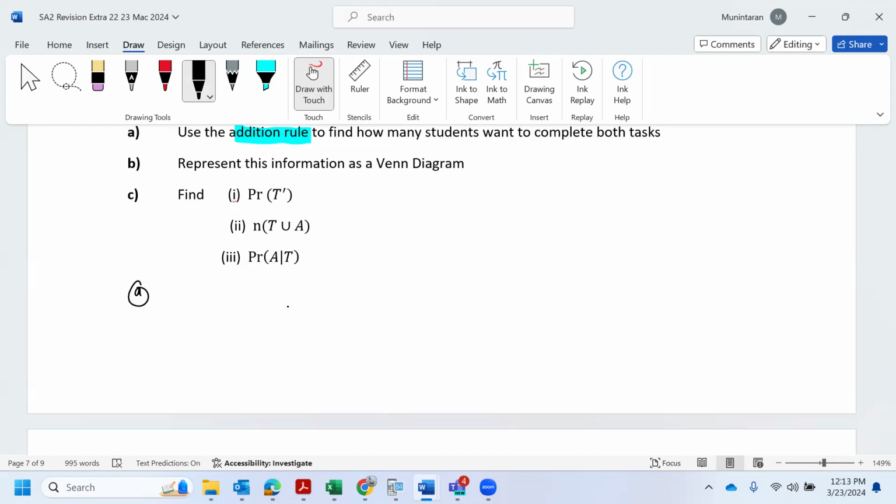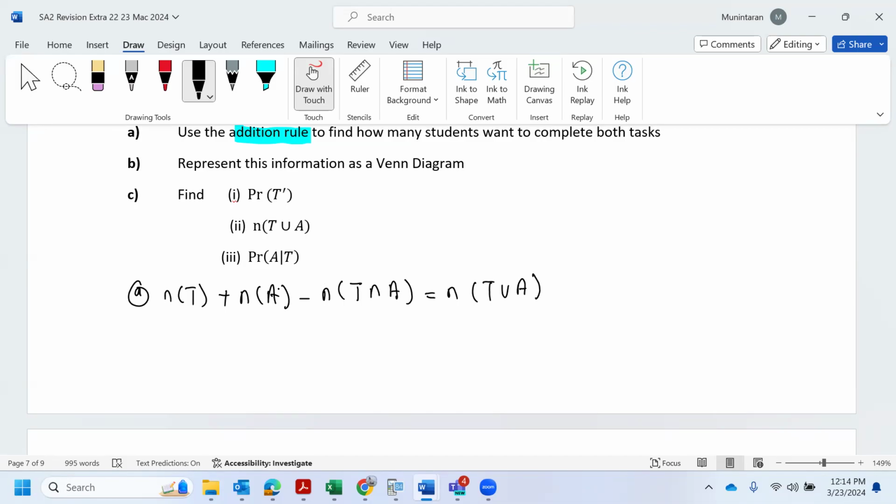So the number of T, N of T, plus the N of A, minus the N of T intersection A, should be equivalent to the number of T union A.